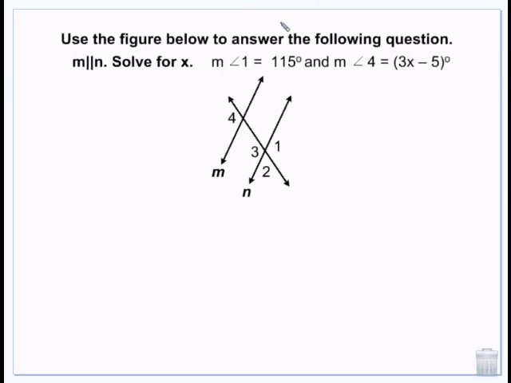All right. Now, angle 1 is 115 degrees. And angle 4 is 3x minus 5. What do I know about angle 1 and angle 4? Well, first let's do our checkerboard.